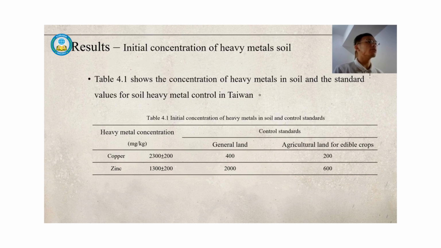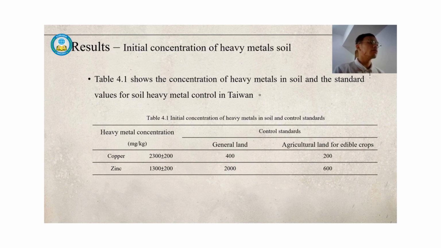For the first result, let's take a look at the initial concentration of heavy metal in soil. Table 4.1 shows the concentration of heavy metal in soil and the standard value for soil heavy metal control in Taiwan.